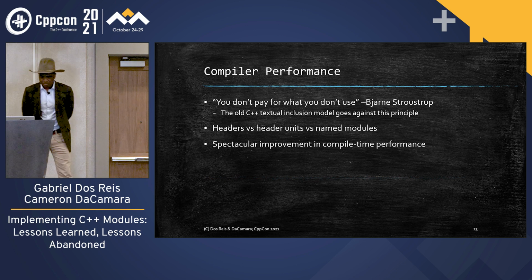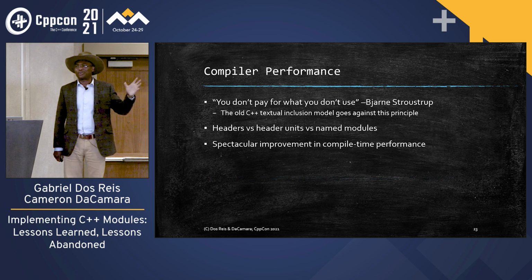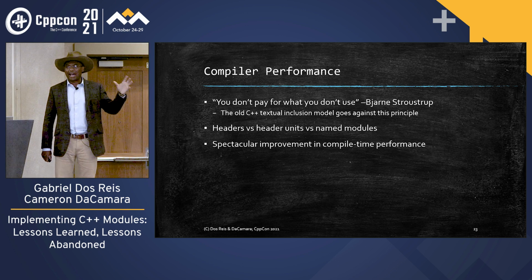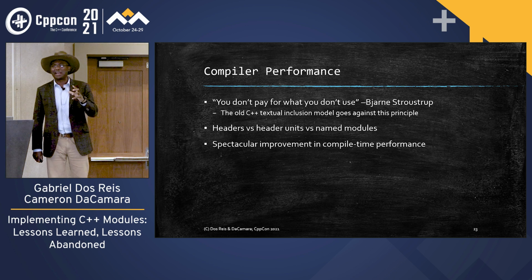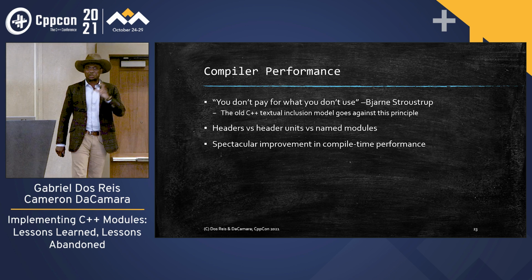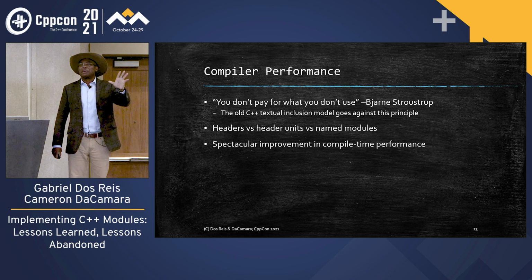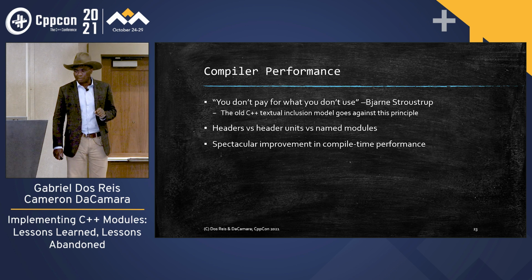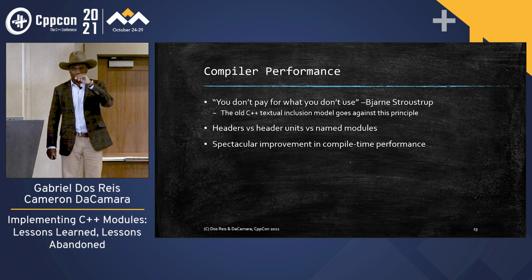Well, the thing you have to remember is that in what I call the old days, hash include is just copy and paste of a source file. The motto of C++, you don't pay for what you don't use, is actually violated big time. Imagine you have the simple program, hello world: you include hash iostream, and then you just say cout hello world.